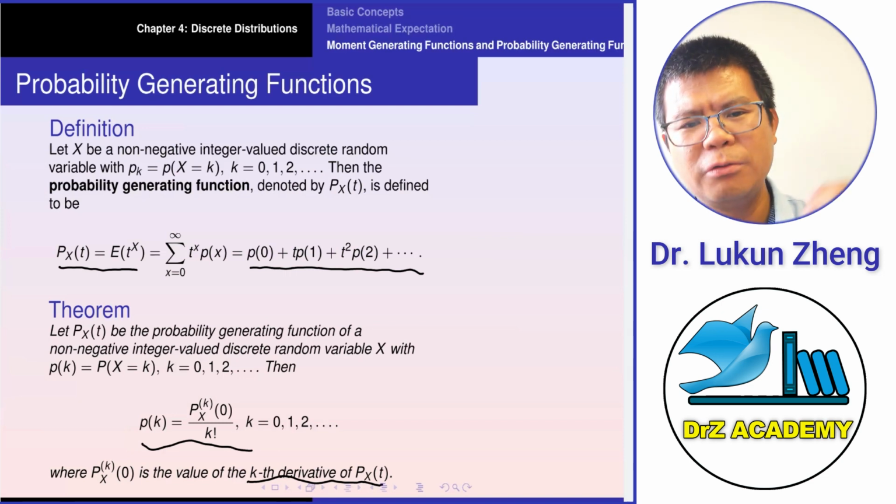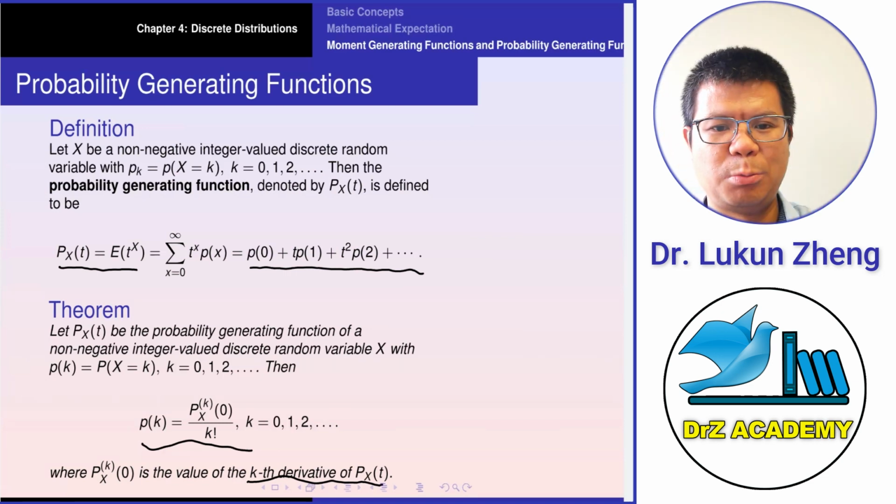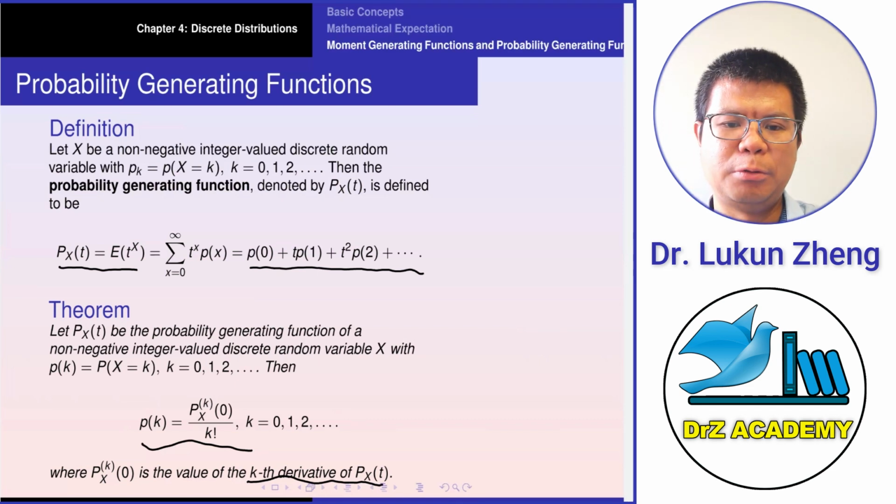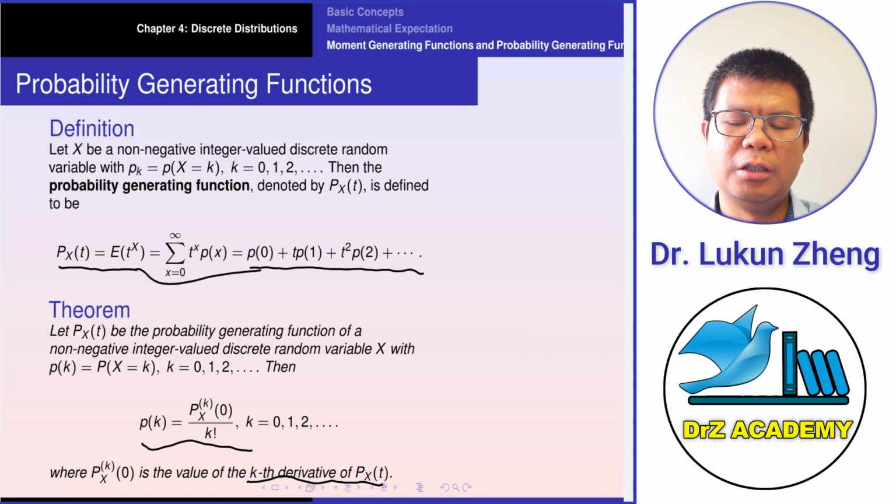You can prove this one, it's pretty easy to prove. I'm not going to do the proof, but you can just go here and do this derivative and find out this one. It's pretty simple.